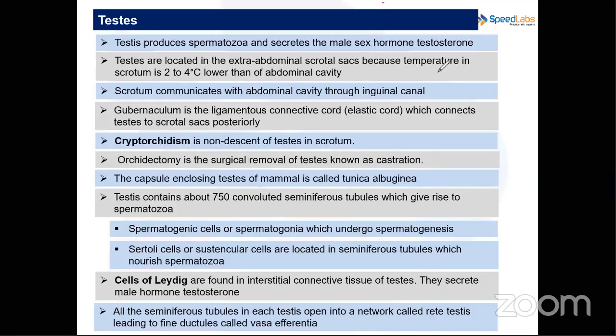I am asking, during which month of pregnancy do the testes descend into the scrotal sac? I just told you, 7 to 8 month. Yes, very good, Ishita. Correct. 7 to 8 month is the answer. Arpit, it's 7 to 8 months. Just correct what you've written.